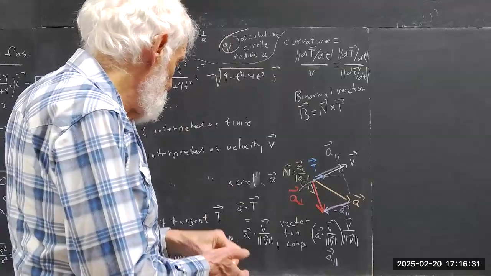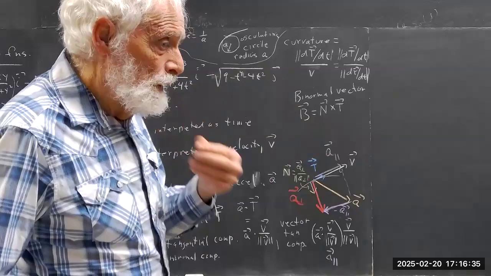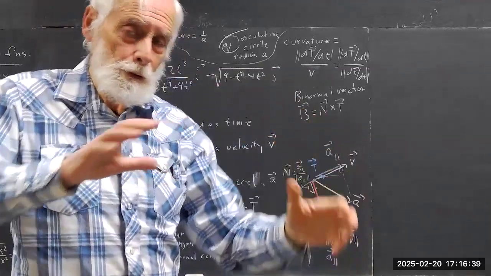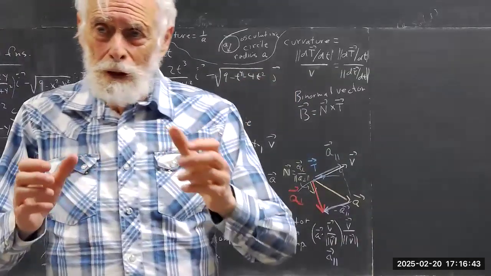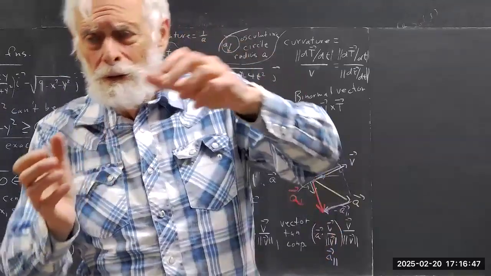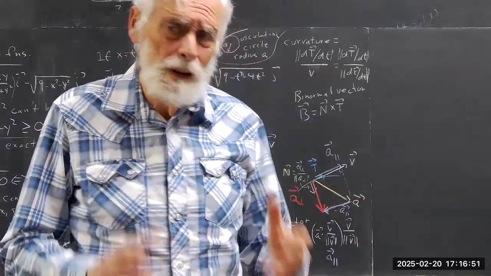Now, if we're in three dimensions, there's a binormal vector. Imagine we're driving up a curving mountain road and the road is banked in various ways. So, we're driving along and we curve around this way and we bank this way and then we turn and bank this way, or maybe it's banked this way and we turn this way.